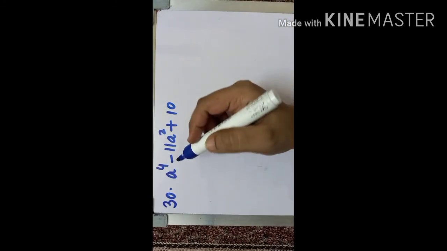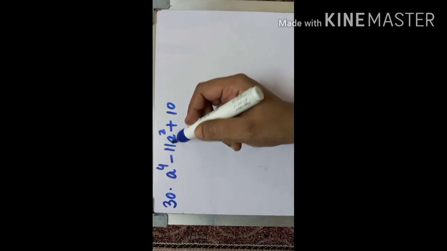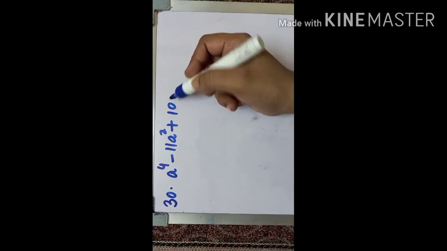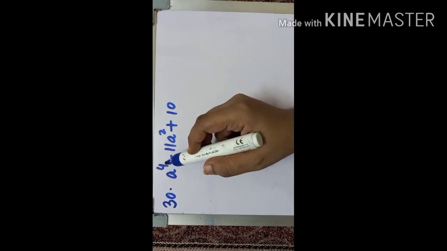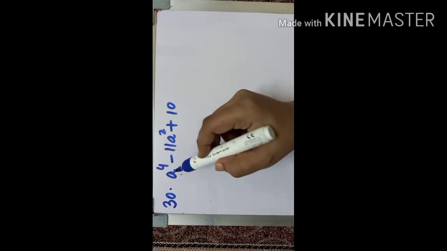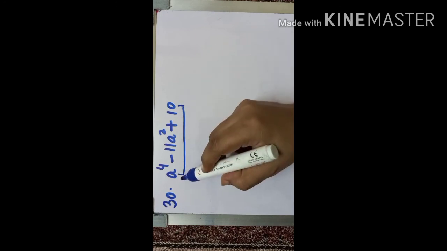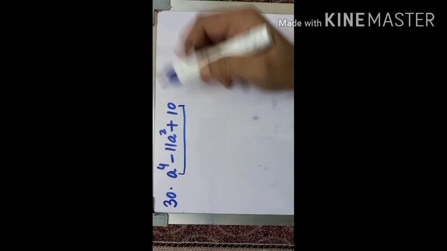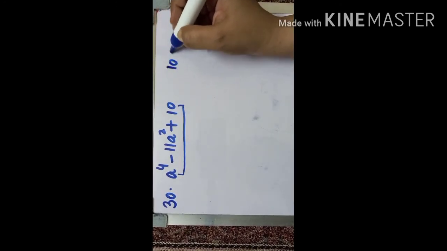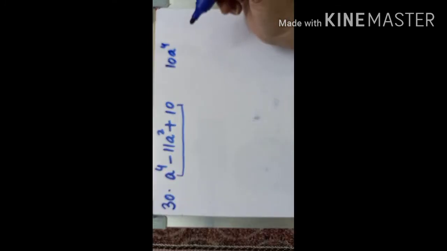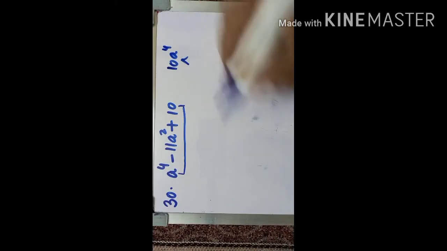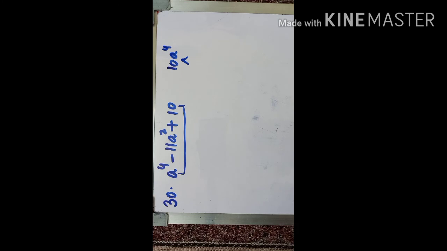Now the next problem you have is a power 4 minus 11a square plus 10. Here power 4 you are having. So let us just proceed as how it is. Now first term with the last term. So what you will get? 10a power 4. A power 4 into 10 will be 10a power 4. Now this 10, how can you write?